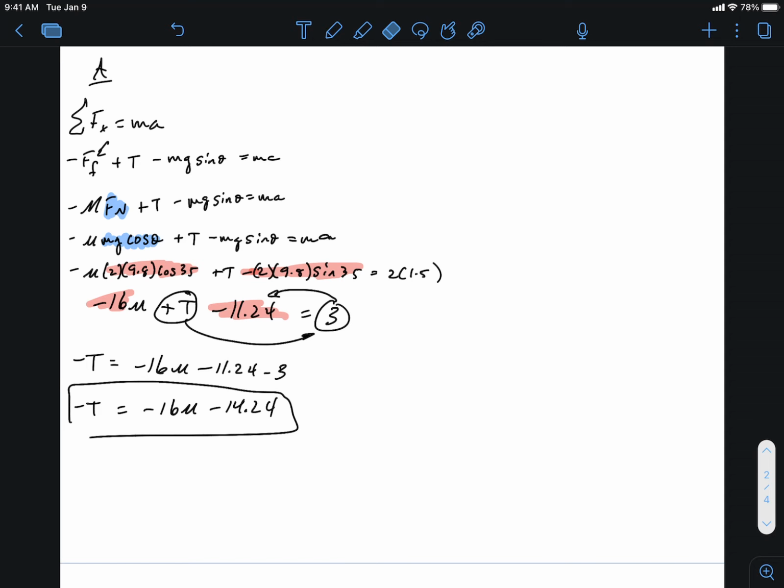All I've done is look at the forces acting on the box in the x direction for the 2 kilogram box. Okay. This looks okay. This is nothing different than what you guys have seen before. y equals negative 16x minus 14.24.